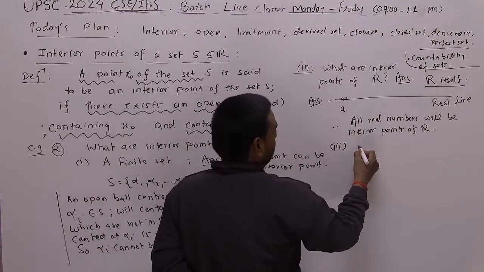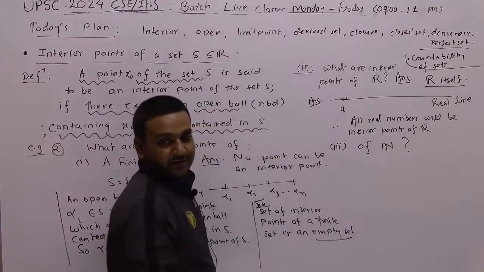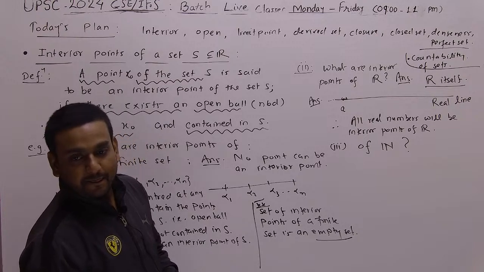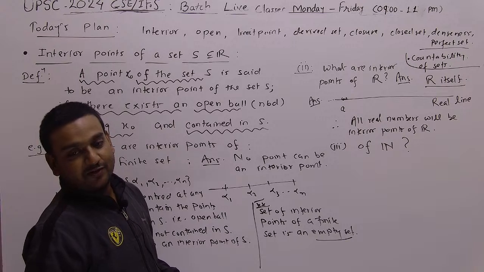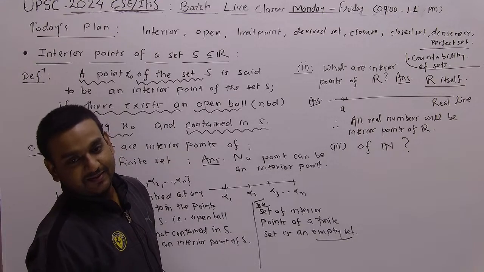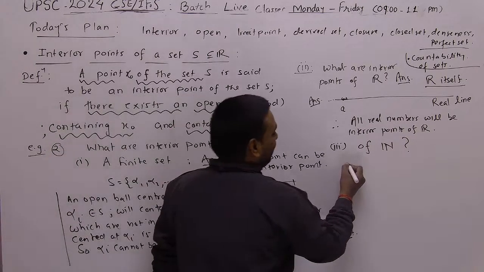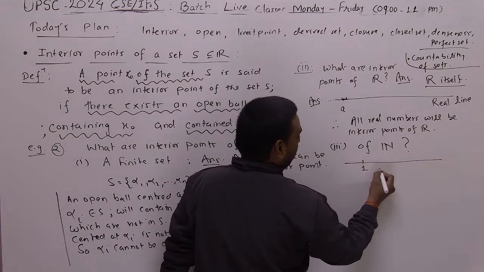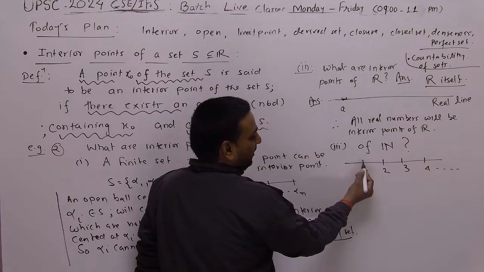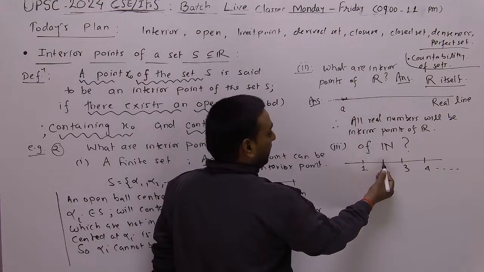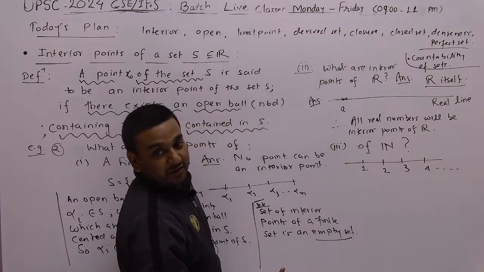What are interior points of the set of natural numbers? फटाफट। सेट ऑफ नेचुरल नंबर्स में what are the interior points? सेट ऑफ नेचुरल नंबर्स कैसे डिफाइन होगा भाई? 1 2 3 4 and so on. सो 1 पर अगर कोई भी आपने बॉल लेनी, या 2 पर if you have taken any ball, that will contain some points which are not natural numbers.